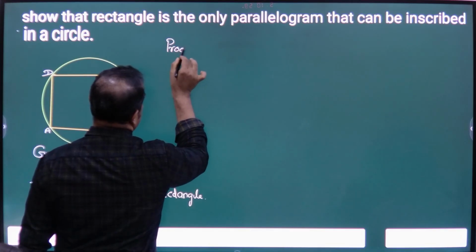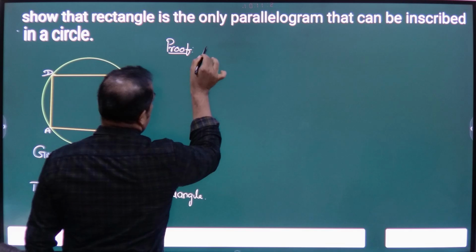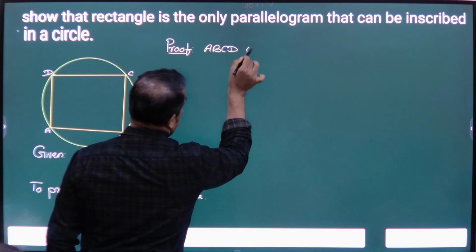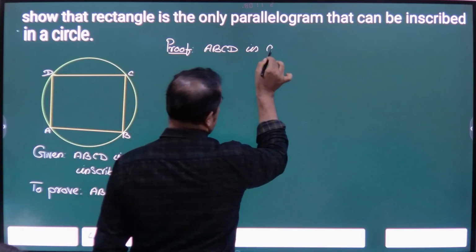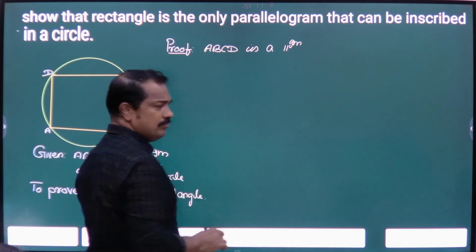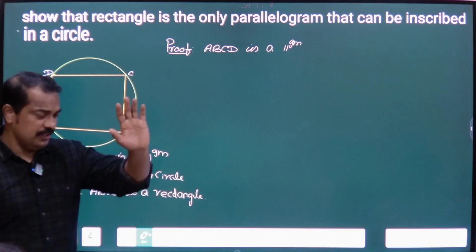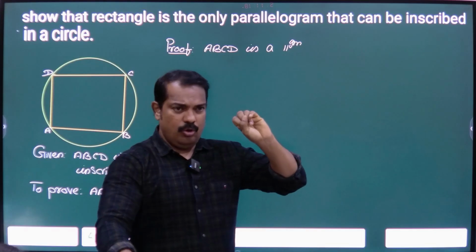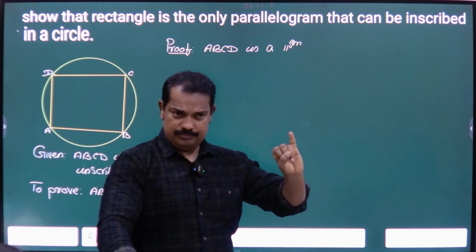Proof. ABCD is a parallelogram. What are the properties of a parallelogram? Opposite sides are equal and parallel.